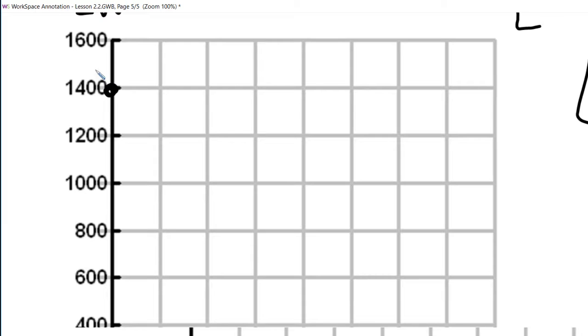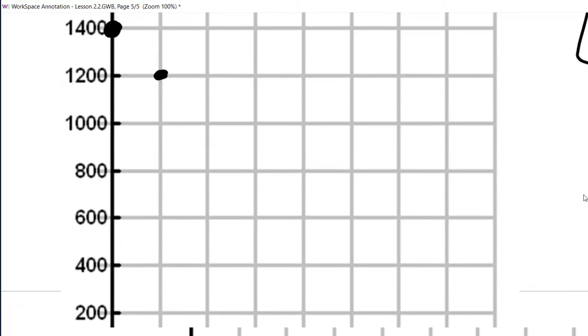No, they're counting by how much? 400, 600, 800, 1,000, 200. So if I go down 200, I also have to go over 200. And hopefully the x-axis is counting by 200. Yes, it is. So go down 200, over 200, down 200, over 200, down 200, over 200.